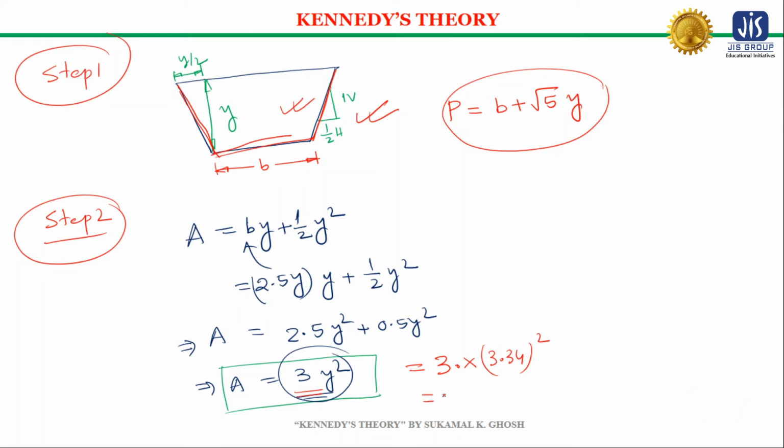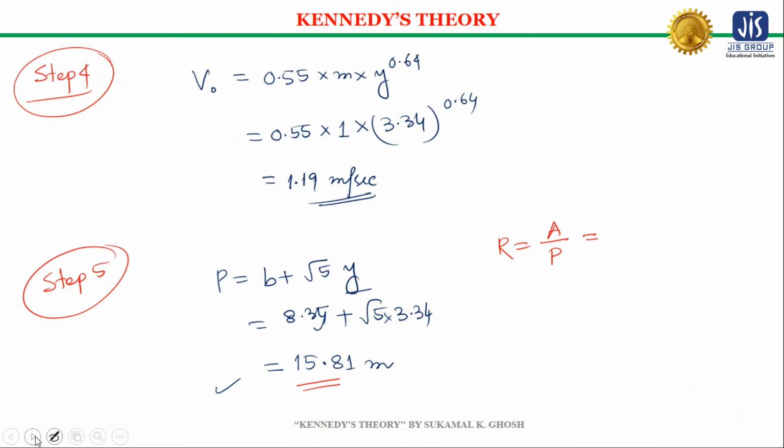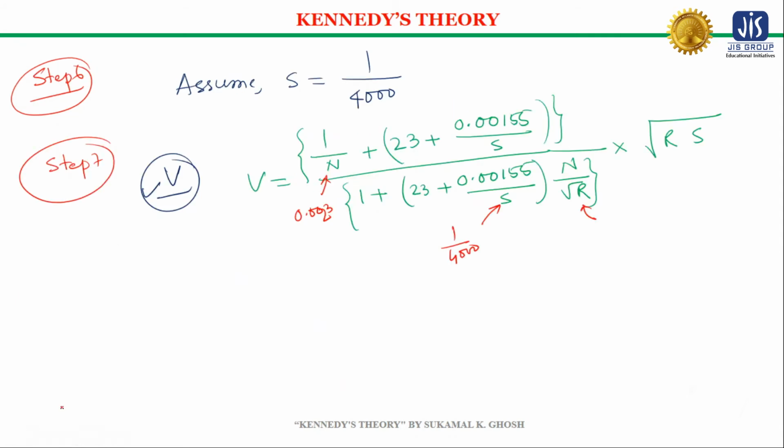If you solve it, you will have 33.5 meter squared. So if you put it here, 33.5 divided by the value of P, 15.81, if you solve it, you will have 2.12 meter. Let me put this value here, 2.12 meter.